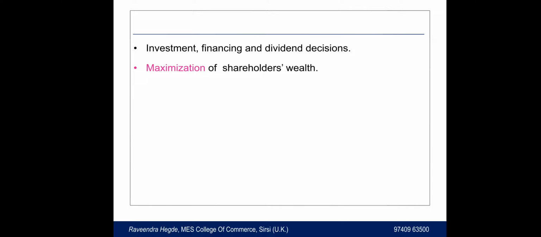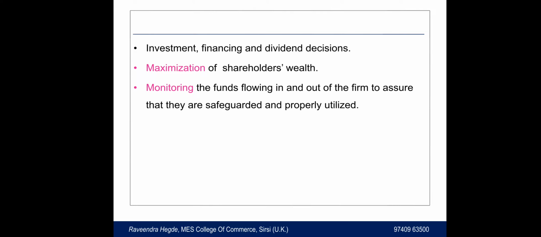He should seek courses of action that avoid unnecessary risks. To ensure maximum return, funds flowing in and out of the firm should be constantly monitored to assure that they are safeguarded and properly utilized. So these are about scope of financial management.